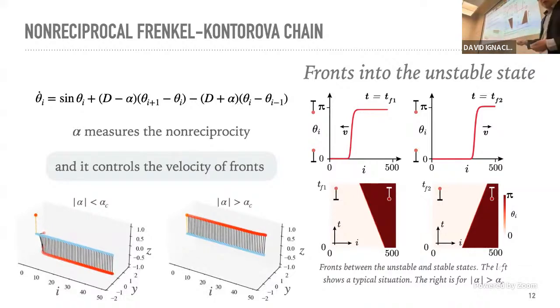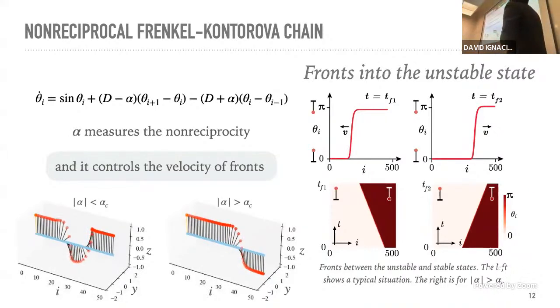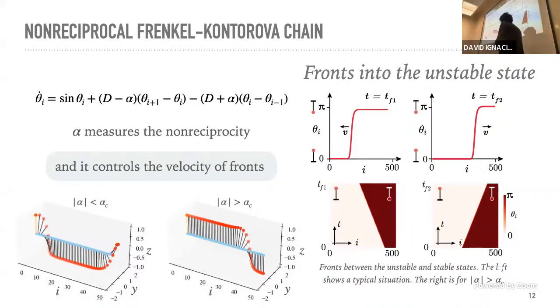When you start to include or increase the non-reciprocal coupling, that now I wrote in this form, D minus alpha and D plus alpha, compared to the previous equation in which I wrote K1 and K2. In this way, alpha measures directly the non-reciprocity because when it's 0, we recover the usual situation.